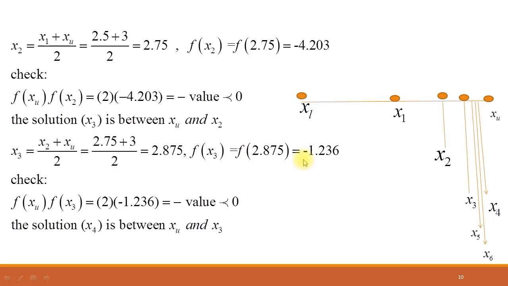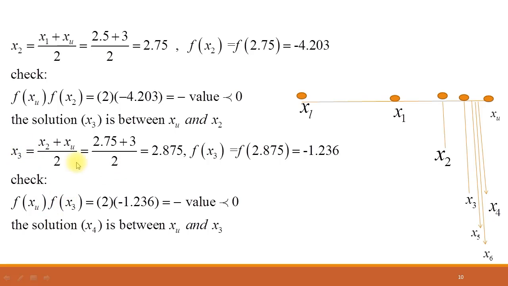So to find the x4th root, first of all, check the sign of the function. I check this procedure at every step. Check the sign of the function, meaning check the product of the function at two roots. If the product of the function at two roots is less than 0, this means that the function has opposite sign at those two roots.